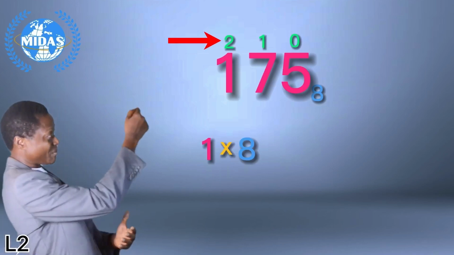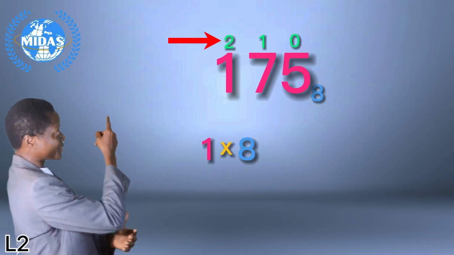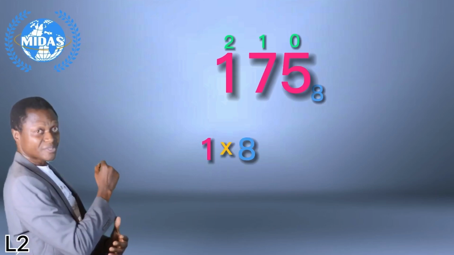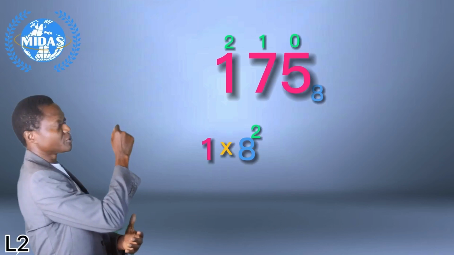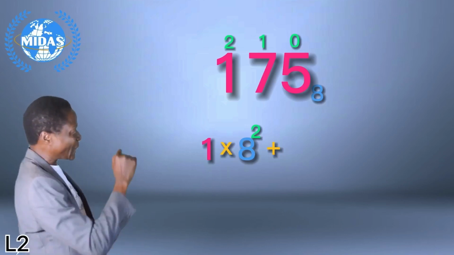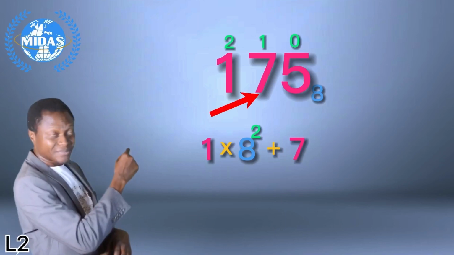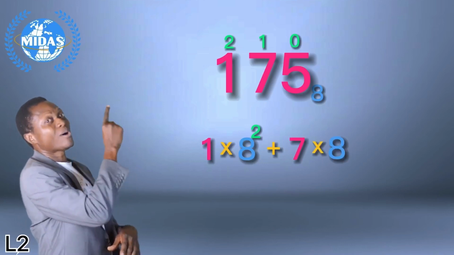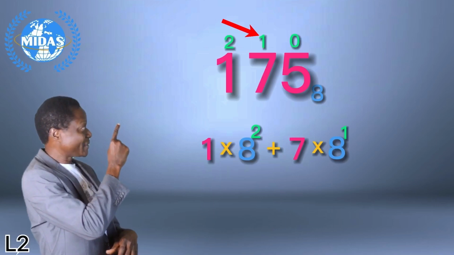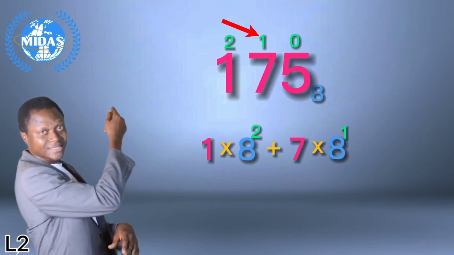Remember that in our numbering, it is 2. So you say 1 times the base raised to power 2, then plus 7 times the same base raised to power 1, because our 7 has the 1 rank.